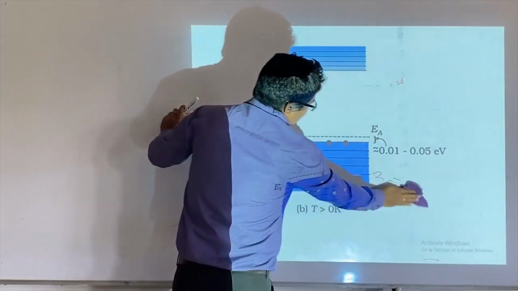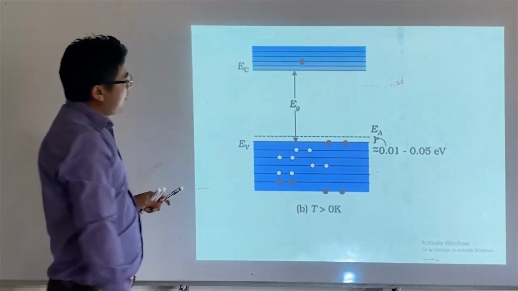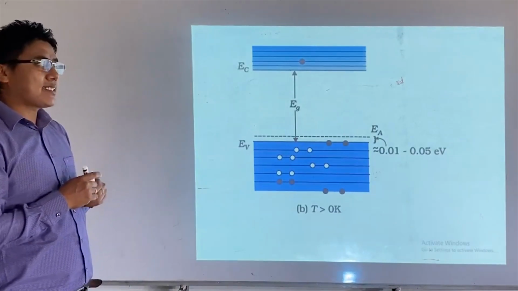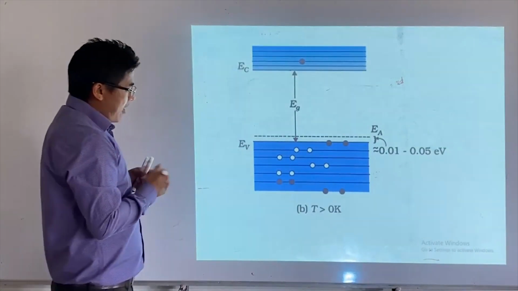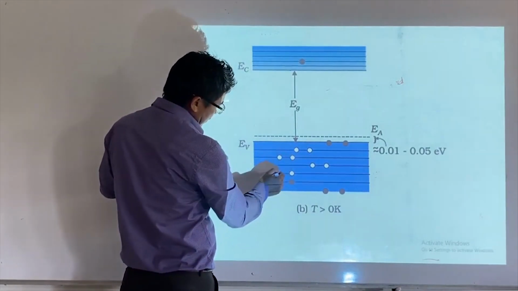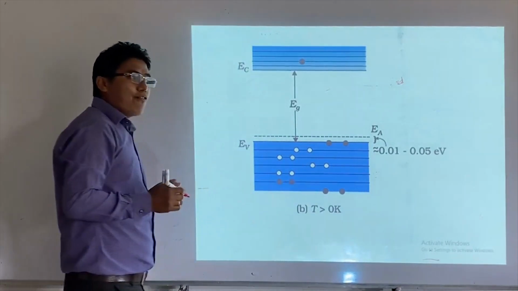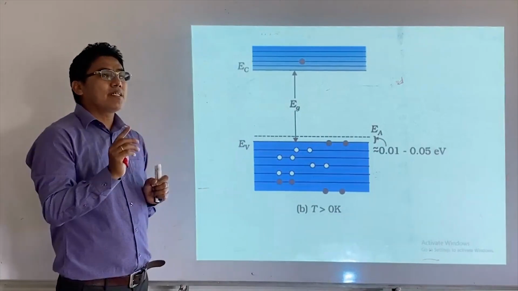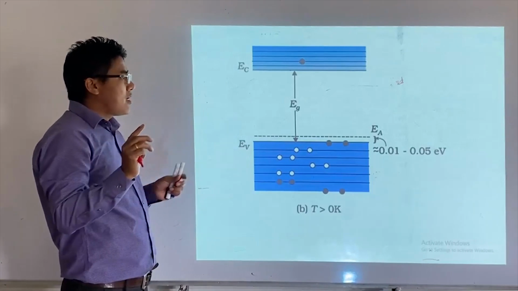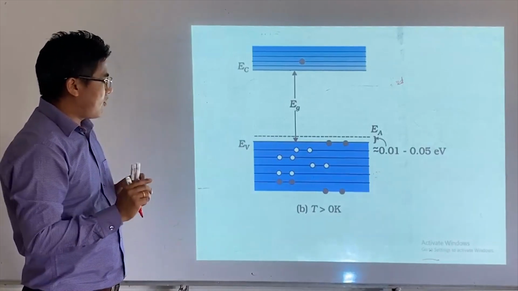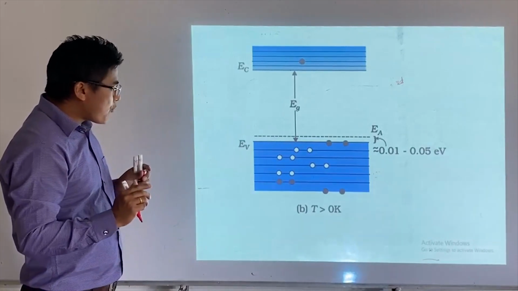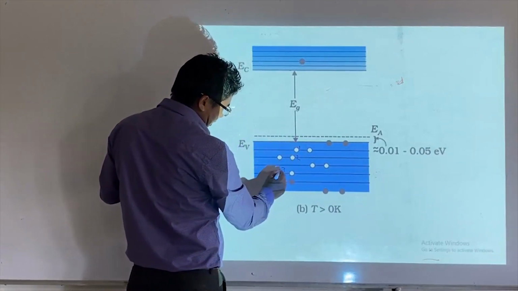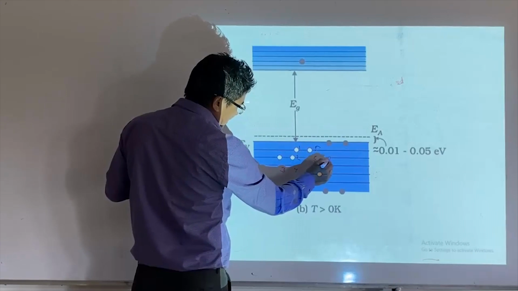Now this is our textbook diagram. In this case, I have put 7 acceptors, 7 trivalent atoms, due to which 7 holes are created: 1, 2, 3, 4, 5, 6, 7.